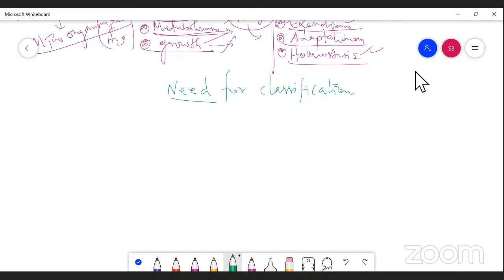What are the requirements, and the need for classification? We come across many places where things are arranged in specific categories.